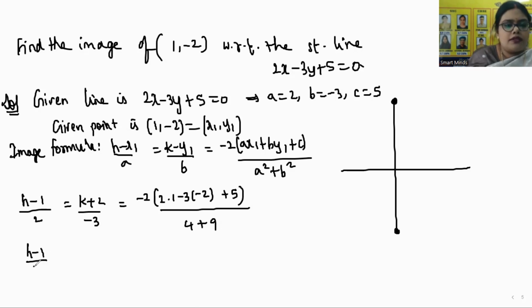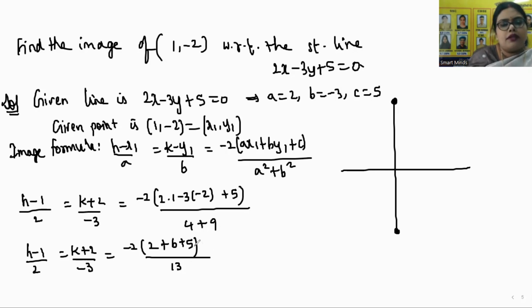So (h minus 1) by 2 equals (k plus 2) by minus 3 equals minus 2 into (2 plus 6 plus 5) by 13. So 2 plus 6 is 8, 8 plus 5 is 13. So that is minus 2 into 13 by 13. 13, 13 cancel, that is minus 2.